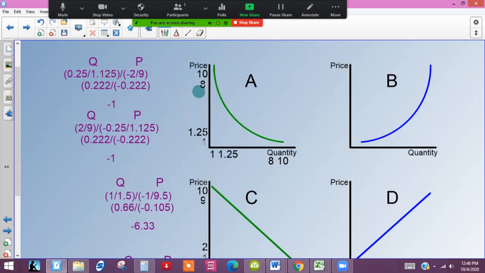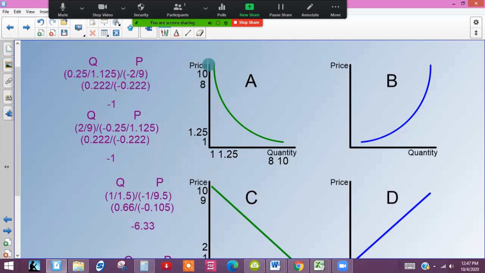So if we take our quantity and we take 1.25 minus 1, which is going to be 0.25 divided by the average of 1 and 1.25, which is 1.125, and we divide that by P2 minus P1, which is -2 over their average, we're going to get the exact same percentage change for both, except one is positive and the other one's negative.